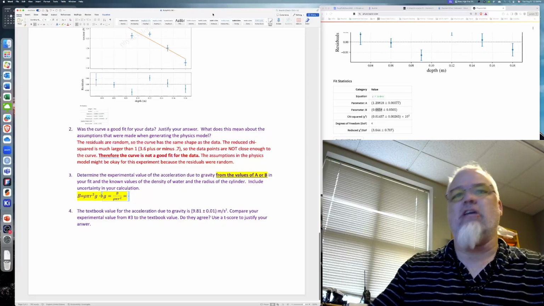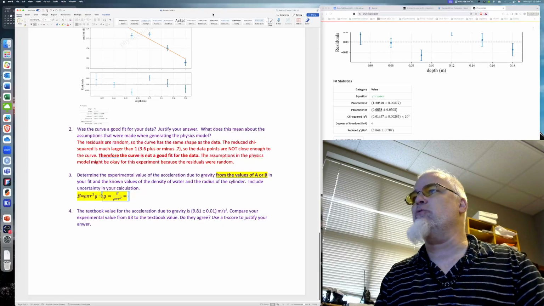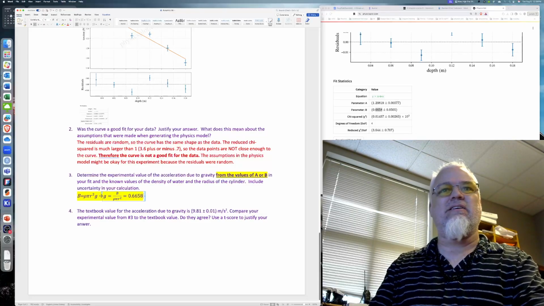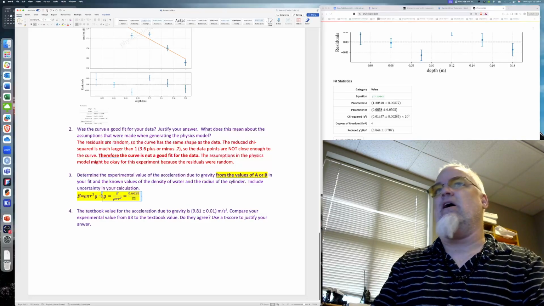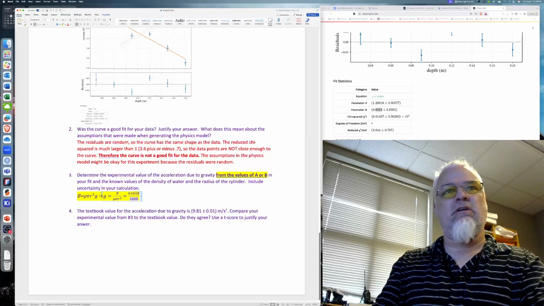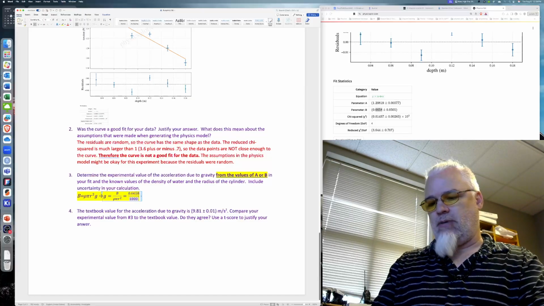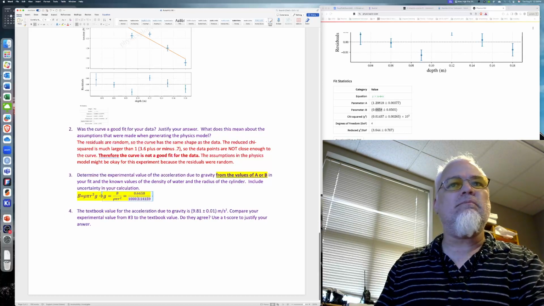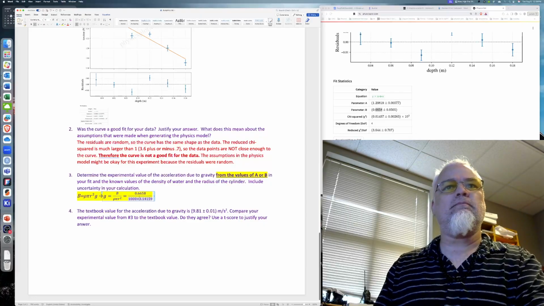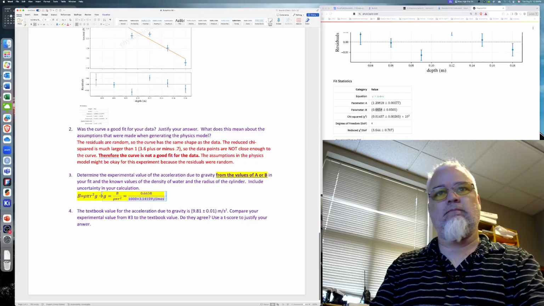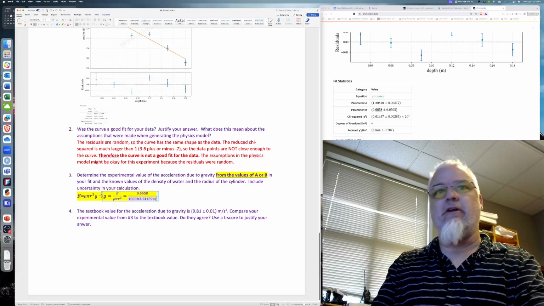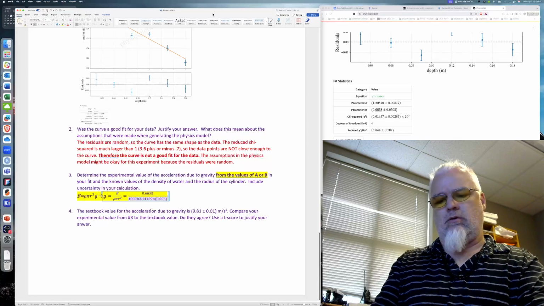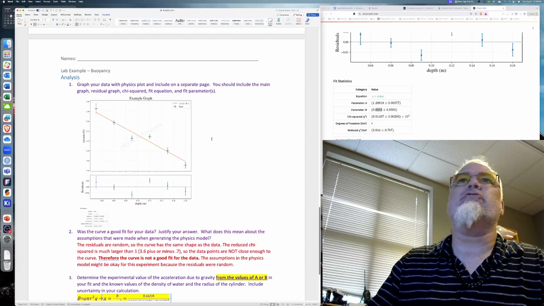So g should equal the value we got for B, 0.6658, divided by rho, which is 1,000, times pi, which is 3.14159, times r squared, which was 0.005 squared. Let's make sure that's right.